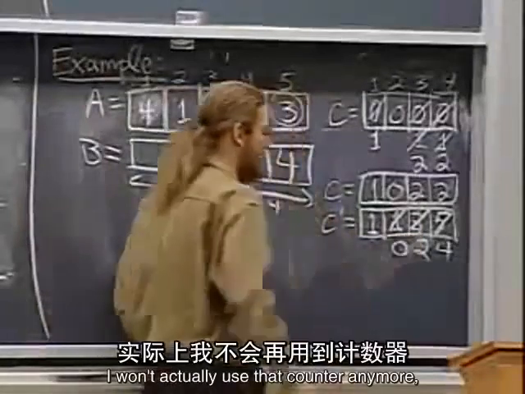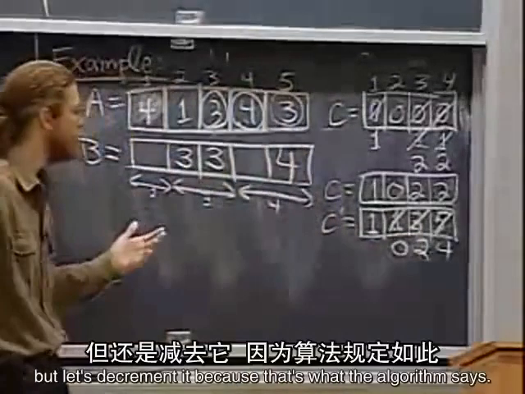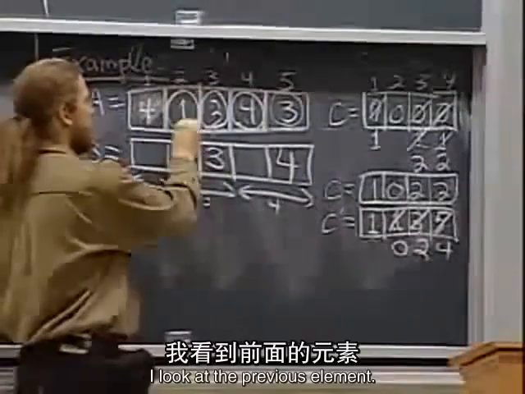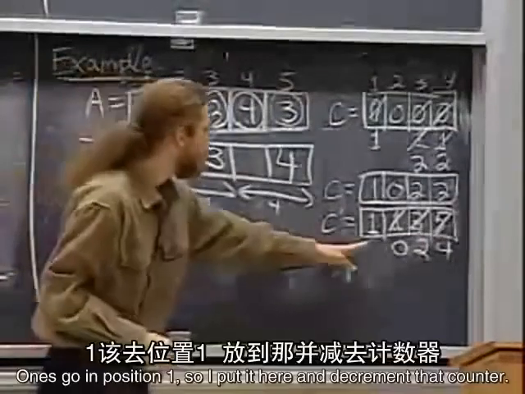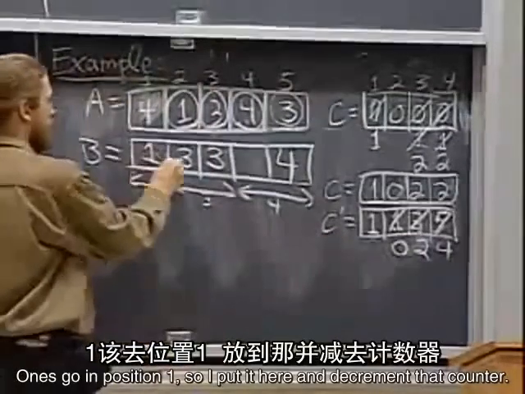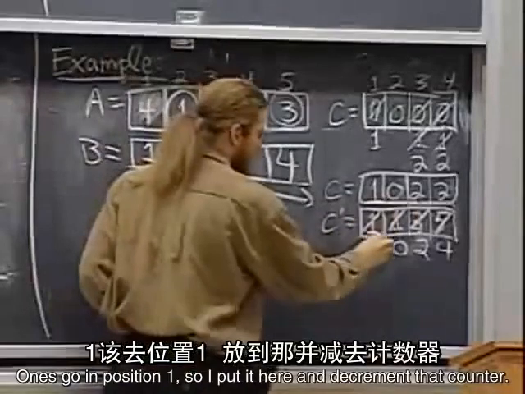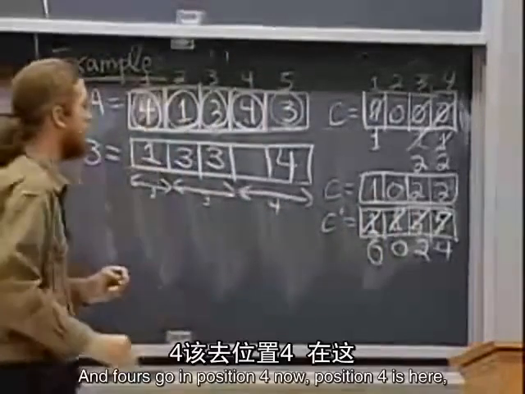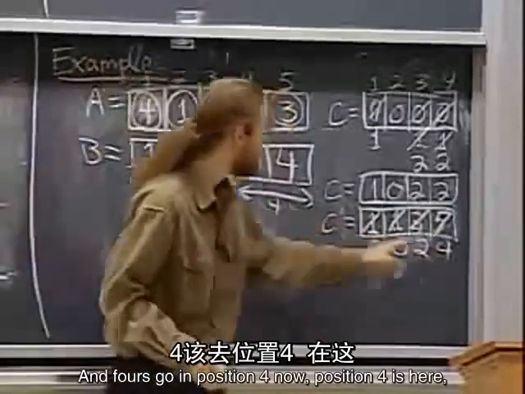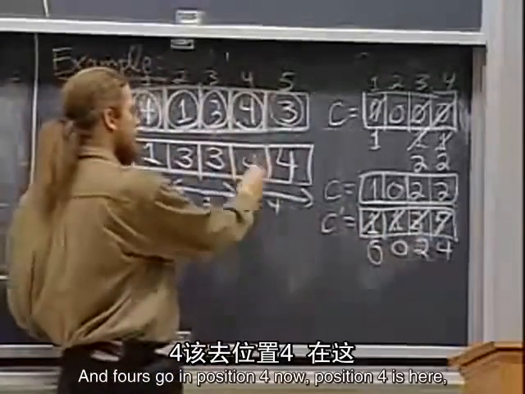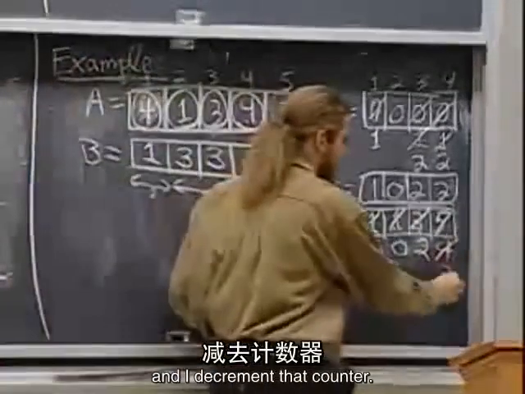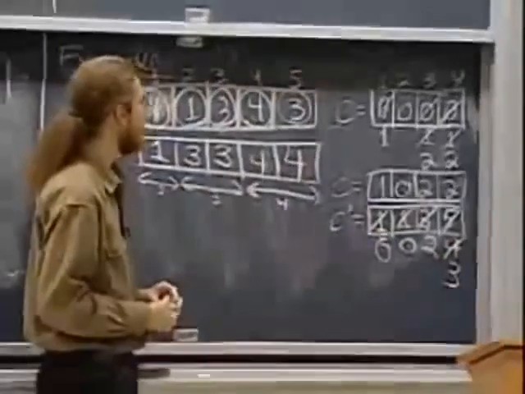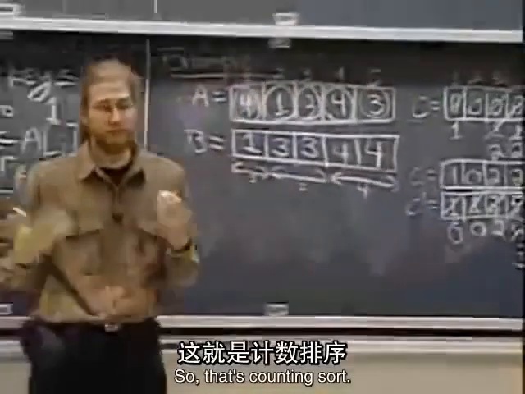I won't actually use that counter anymore, but let's decrement it, because that's what the algorithm says. I look at the previous element. That's a 1. 1s go in position 1, so I put it here and decrement that counter. And finally, I have another 4. And 4s go in position 4 now. Position 4 is here, and I decrement that counter.